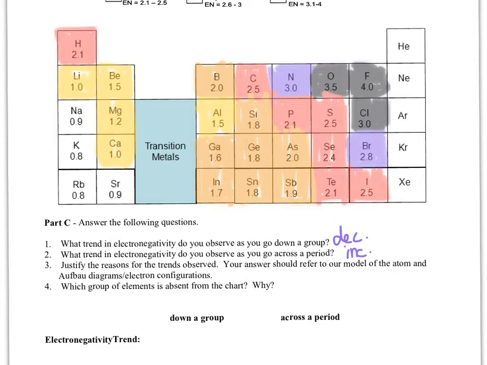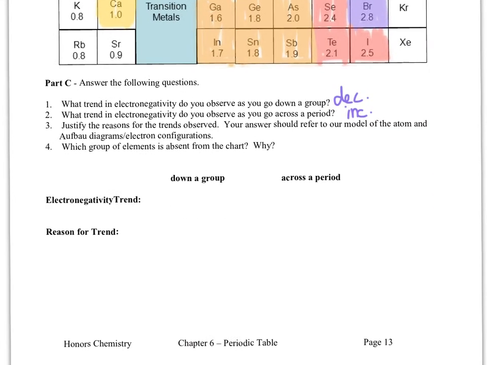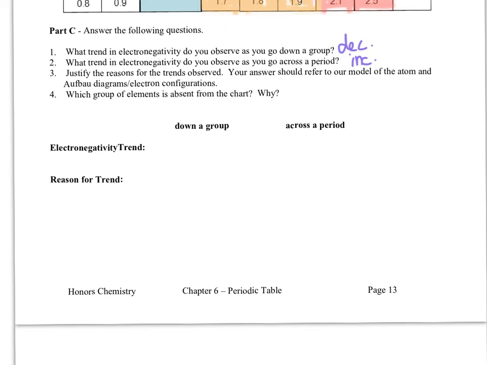So now let's go back to number 3 and answer our trends and come up with the reasons for our trends. So we're going to say that as you go down a group, it looks like our electronegativity is decreasing. And let's think about the reason why.